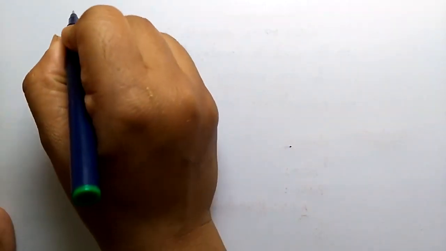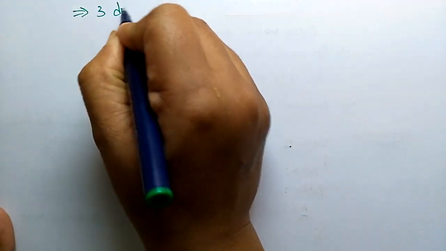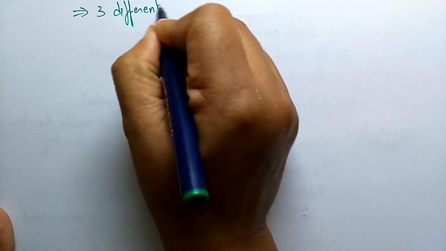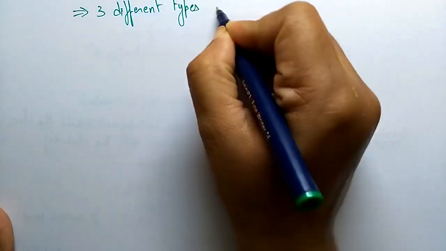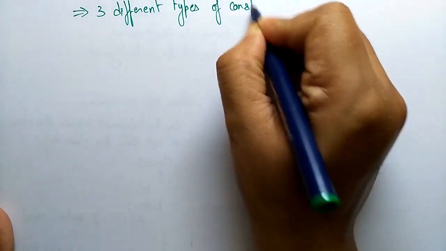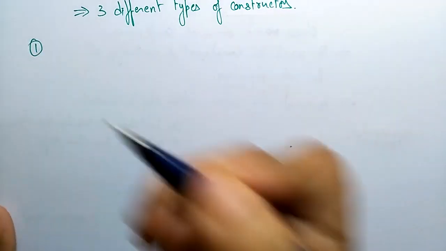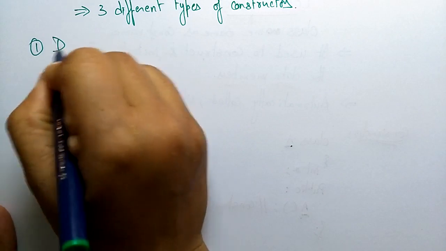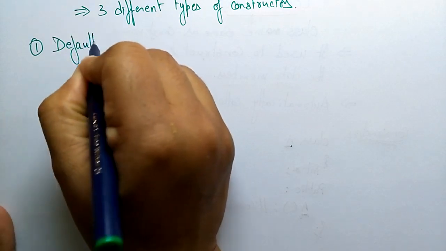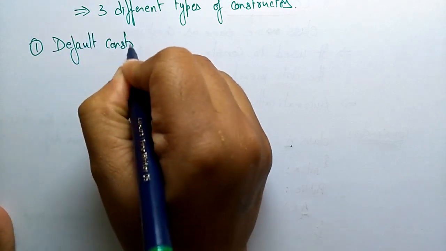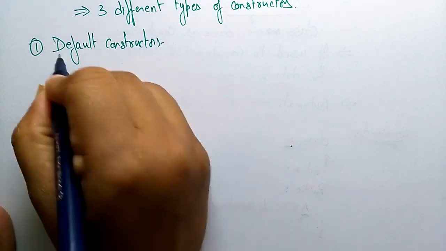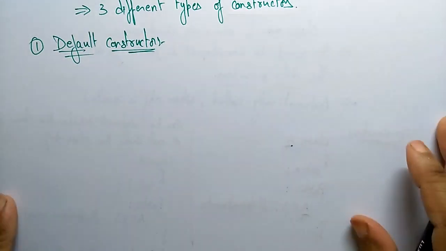Now let us see the different types of constructors. Actually, there are 3 different types of constructors. The first one is the default constructor. What do we call a default constructor?